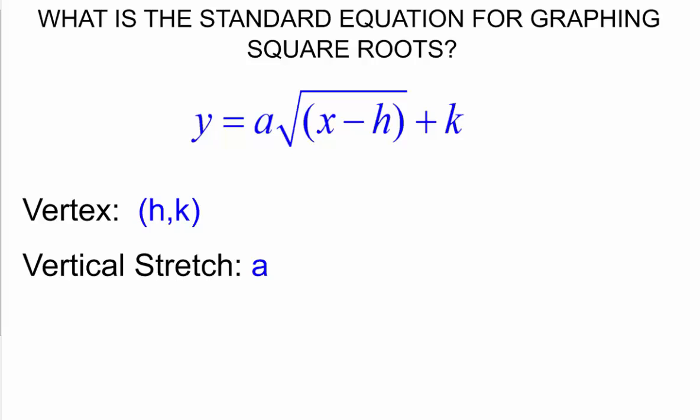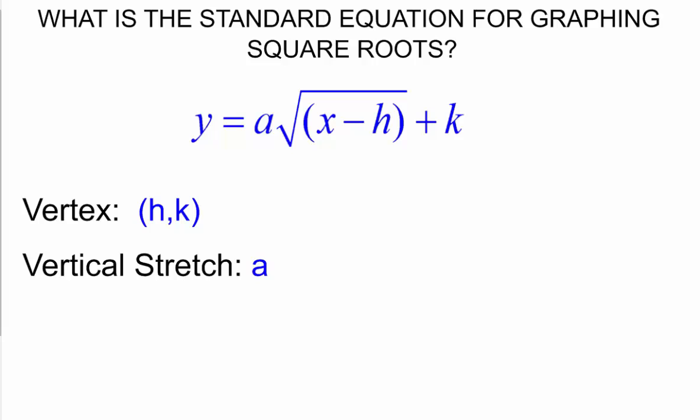The standard equation for graphing square roots is y is equal to a times the square root of x minus h plus k. Notice that x minus h is inside the square root and that k value is outside the square root. Whatever number takes the place of h is the x value of your vertex, and whatever number takes the place of k is the y value of your vertex.